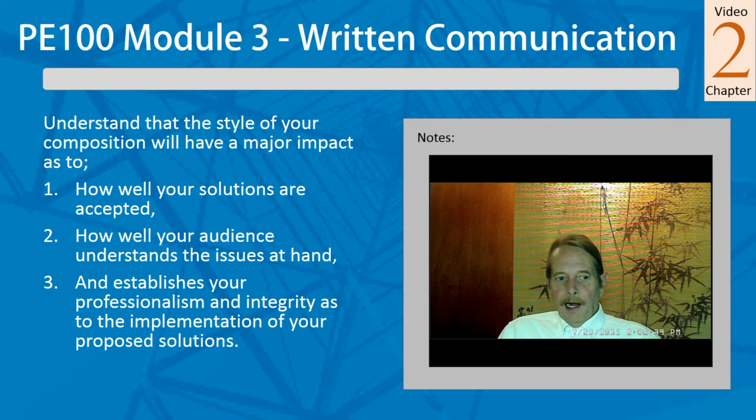Understand that the style of your composition will have a major impact also. Style of composition gets into a bit of a soft skill. This takes some time and understanding how to best word things so that your solutions are accepted. You need to understand your audience so that they can understand the issues that you're presenting in a simple enough way.